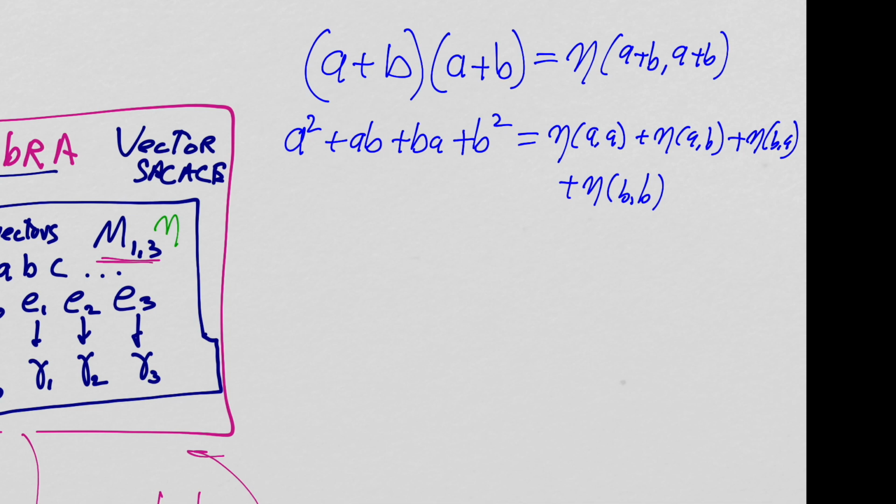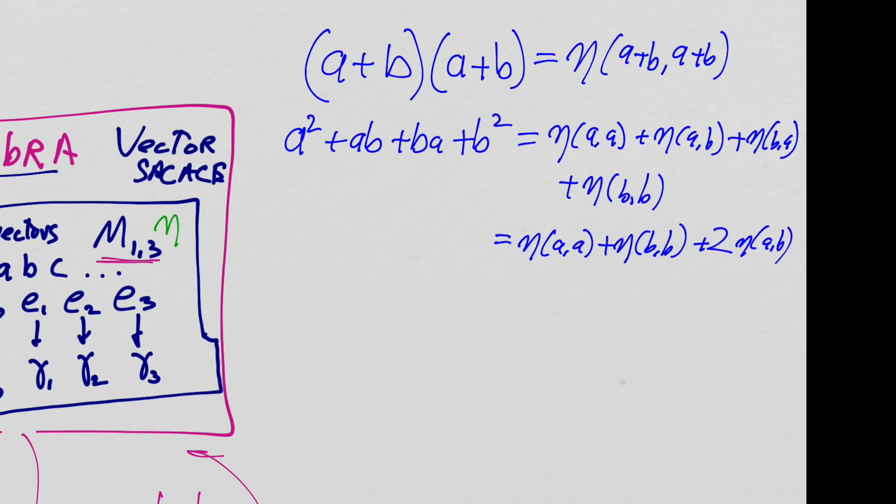In fact, all metrics relevant to general relativity and relevant to special relativity, at least the elementary versions, are symmetric metrics. So we can combine these two, and we would get eta AA plus eta BB plus 2 eta AB.